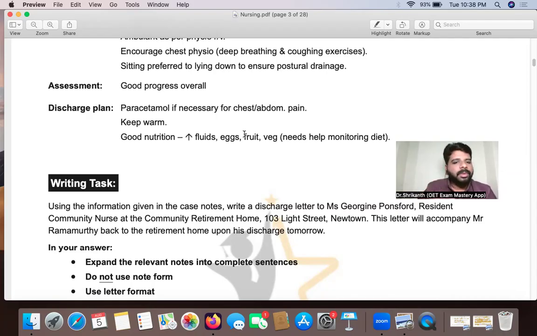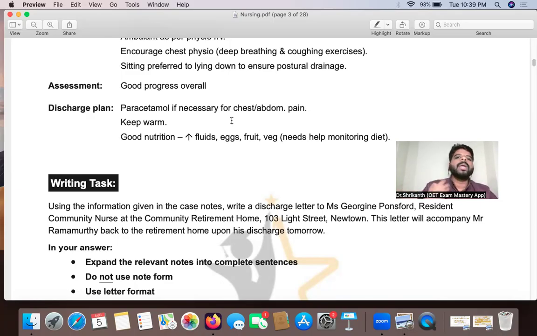So with that responsibility, with that mindset, you should write a letter, and even for speaking as well. When you're doing OET speaking, there is a patient sitting in front of you. The medical information that you are giving is going to save the patient. For example, if you want to talk about how to prevent post-surgical complications, and you are speaking very casually, or not giving much importance, or speaking with a lot of nervousness, and you only care about your English, then the patient is not getting life-saving information.